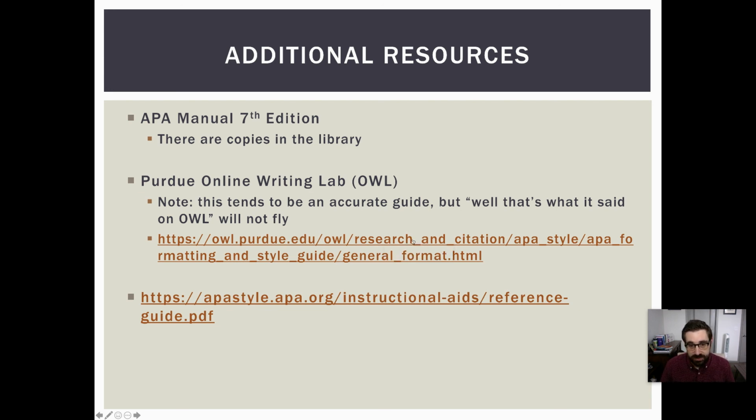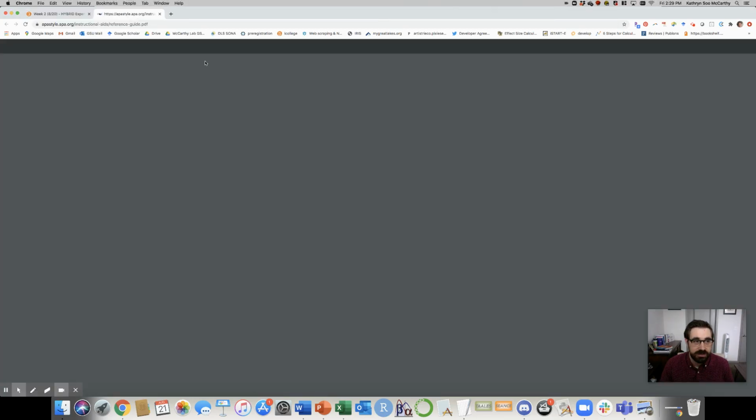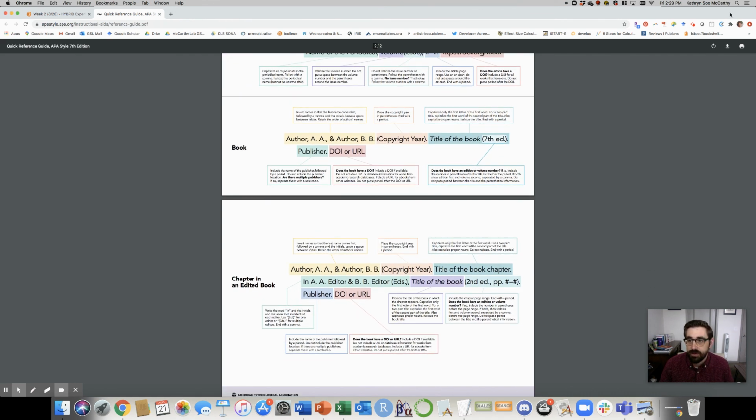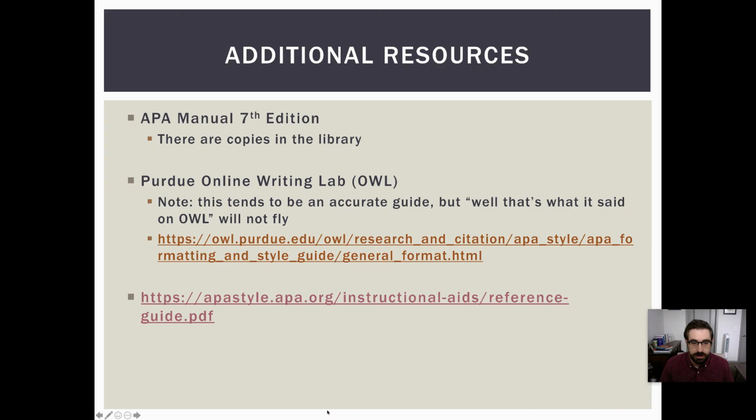If you have a question about something, you can search that for answers. And then the APA's website also has a number of instructional aids. So like they have a PDF here that I'll just click on that you'll see has a guide for how to write a reference. So there's a number of resources available online and at your universities to try to help you out with APA style.